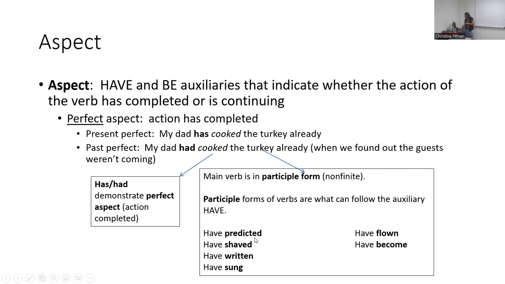Now, this particular type of participle is actually somewhat unpredictable. In some cases, we'll notice that it looks like past tense, as in the case of predicted and shaved. But in other cases, it may have an en ending, like written. In some other cases, it may have a vowel change in the middle of the word, as in sing and sung. It may be irregular or partially irregular, as in flown and become.